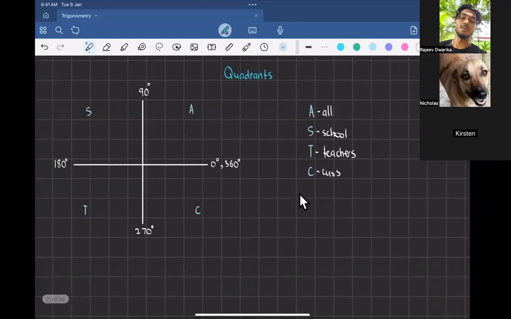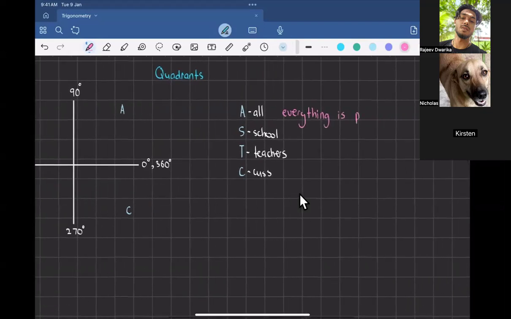It means everything is positive. The S means that only sine is positive. T, tan is positive, and C, cosine is positive.